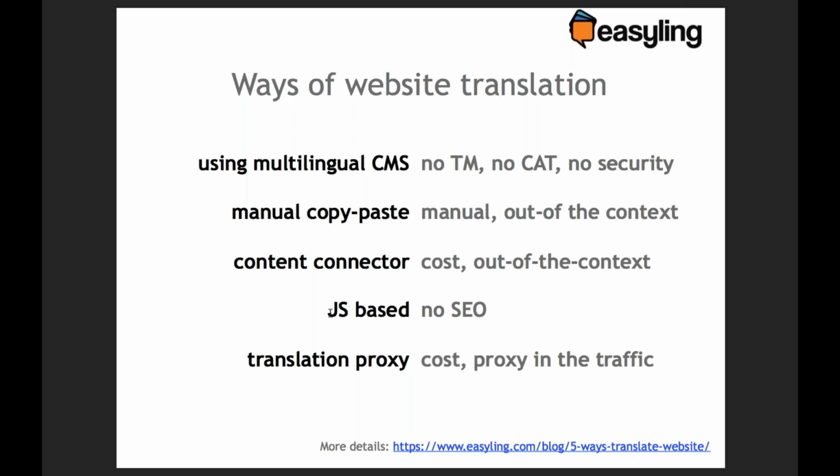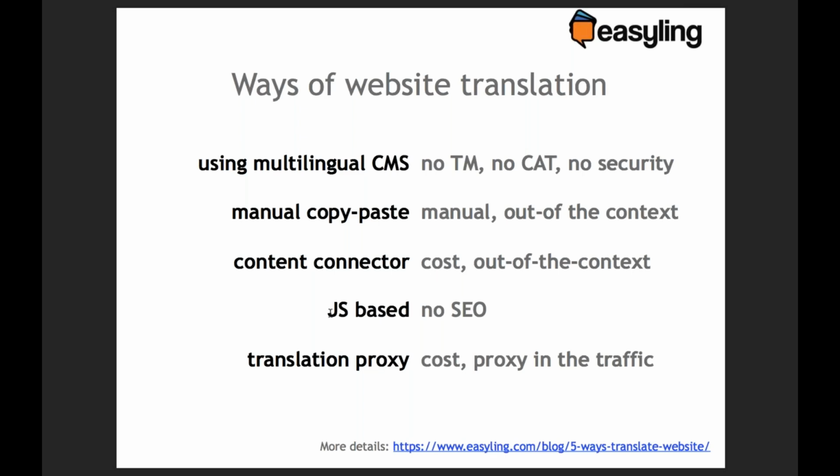When it's a web application, and this website is not meant to attract millions of visitors and convert them to customers, but just to provide an online interface for existing customers, SEO doesn't play any role. So in the case of a web application, JavaScript-based translation is a very good solution.